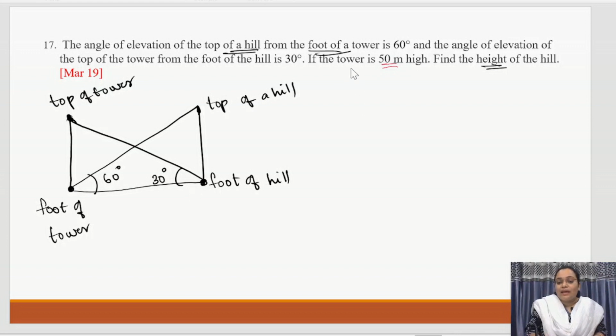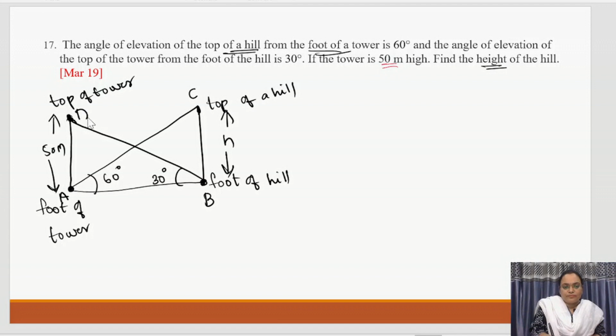The tower is 50 meters height. We need to find the height of the hill. This is the hill. Let us label A, B, C and D.